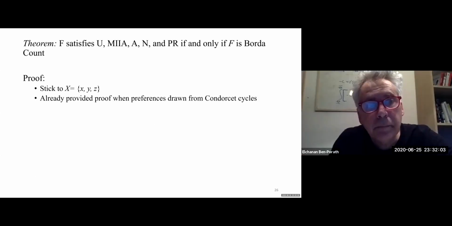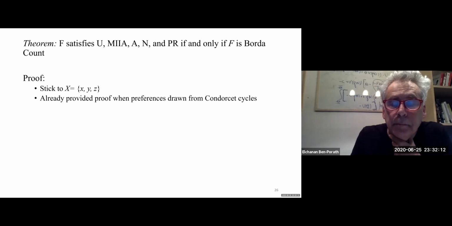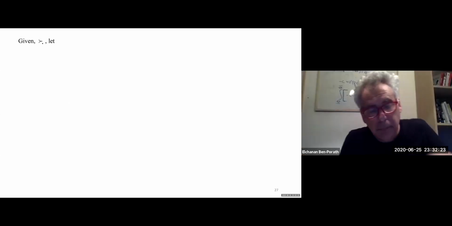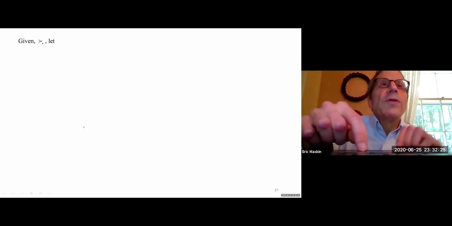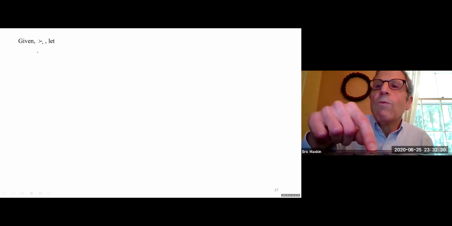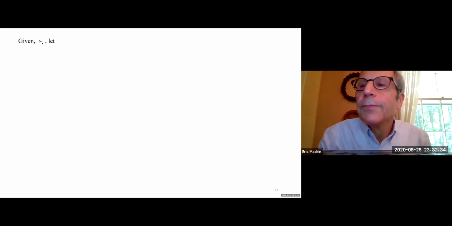Okay, so let's look at the case where we allow for all preferences, not just the Condorcet cycle preferences. And remember, I'm restricting preferences to be ordinal.